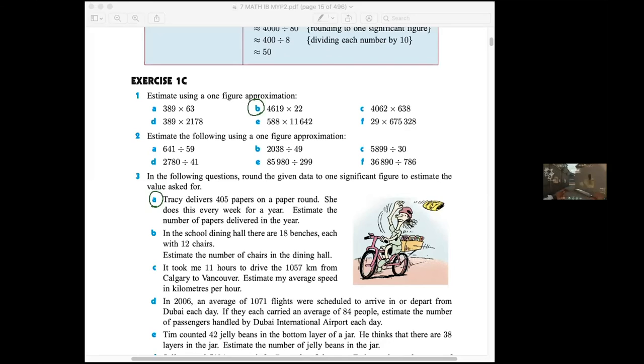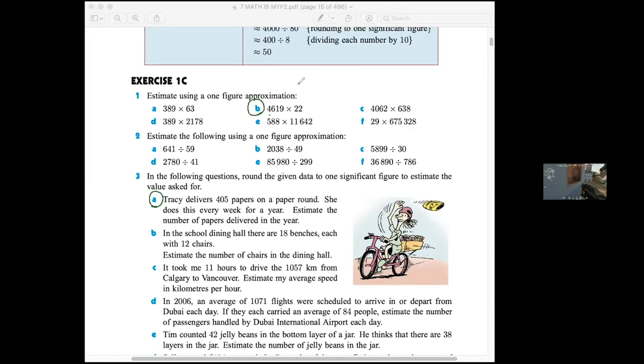Hi, can you read your equation and answer to me? 1B. So 1B is 4,600 times 20 equals 92,000. So one figure approximation. We round to one significant figure for the first number. You want to round it to thousands. Can I do it again?